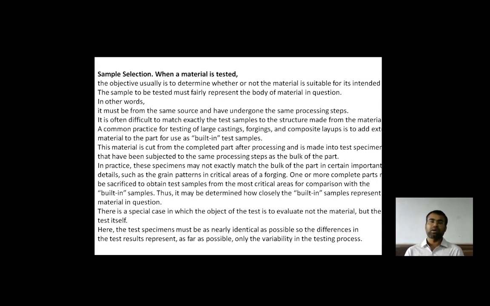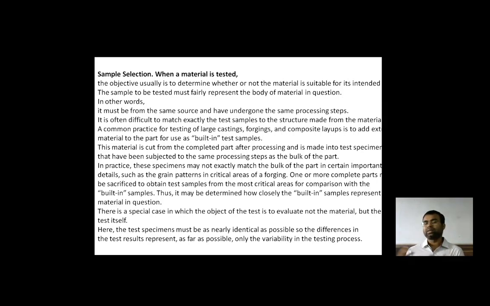We discussed earlier that some materials are made by casting, some by the forging process, some by powder metallurgy, and so on.